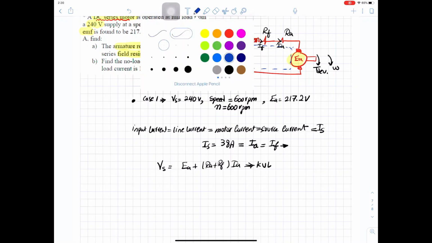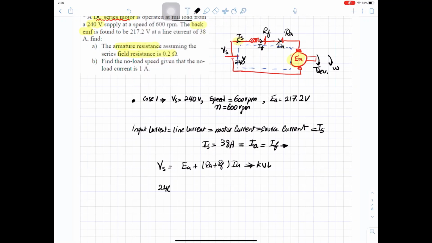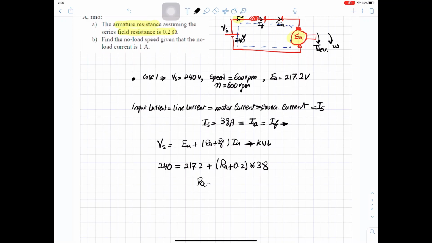V source in our case is 240, EA is 217.2, RA is unknown, RF is 0.2, IA is 38. So the only unknown in this equation is RA, the armature resistance. So RA equal to 0.4 ohm, which is the first part here.